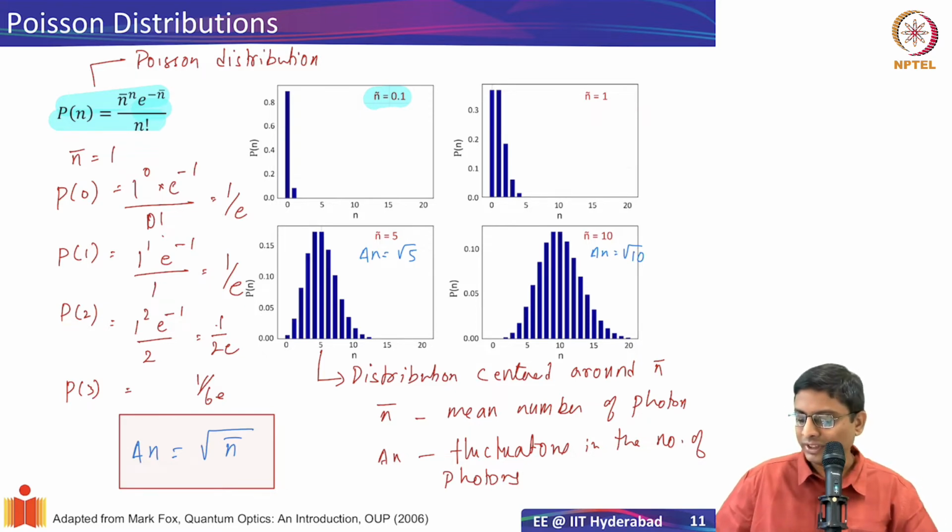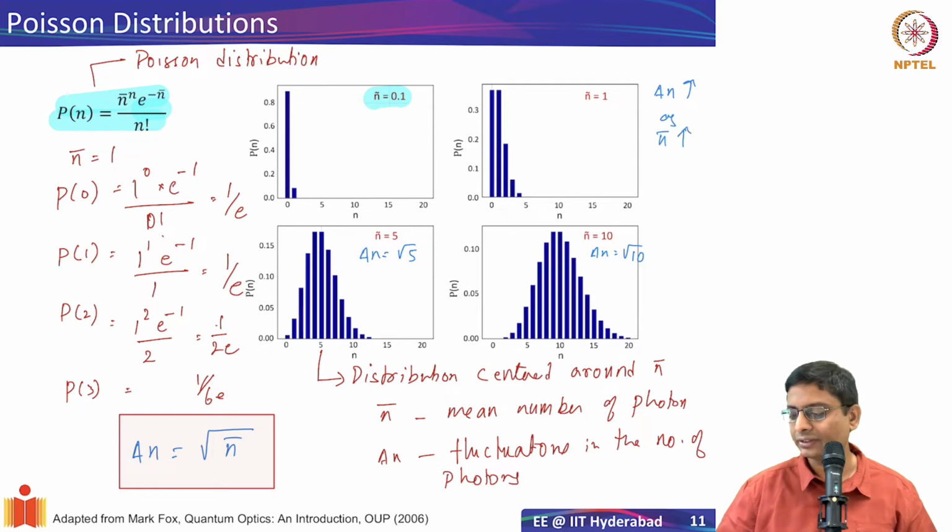So what you are noticing is, as n bar increases, the average number of photons increases, and the absolute magnitude of the fluctuation increases. Delta n increases as n bar increases. That is one of the features.